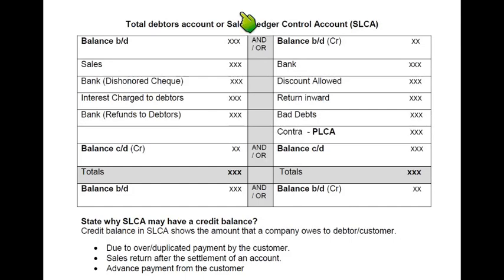So now I am crediting SLCA and will be writing the reference of contra PLCA, and similarly when we'll be discussing the PLCA account, we'll be debiting PLCA and crediting contra SLCA. So the debtor account is credited and the creditor account is debited. SLCA is credited, reference will be contra PLCA, and PLCA will be debited, reference will be contra SLCA.